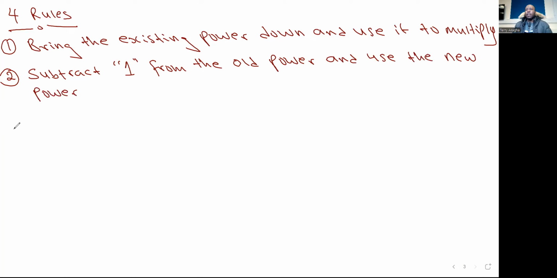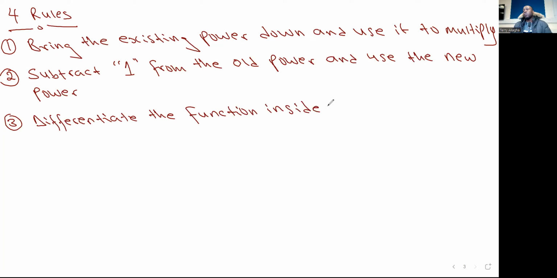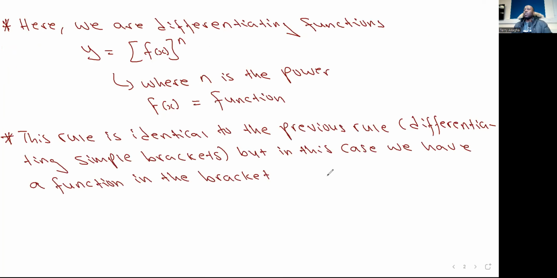Then, after you've done that, the next thing you have to do is differentiate the function inside the bracket. The function I'm referring to is the f of x, okay?